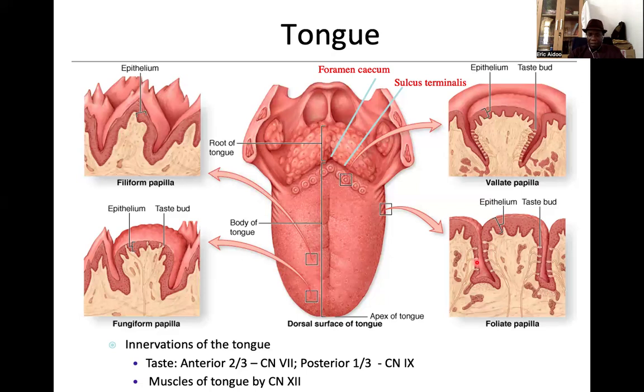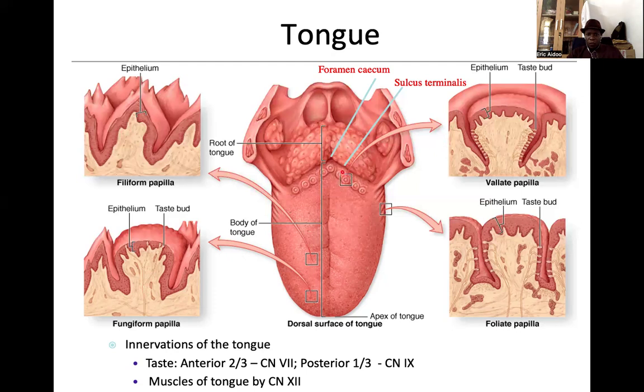The description is from leafy vegetables. And then you have the vallate, okay. I always use the first letter of this name, the V, to describe it. So you can see it's in the shape of a V, so it inclines more than that of the fungiform one. So sometimes you'll be confused about how the fungiform looks and how the vallate also looks like.